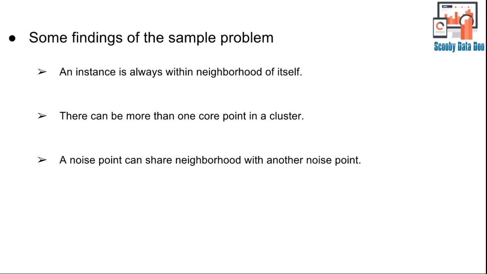Because it's not sharing its neighborhood with a core point. A noise point can share neighborhood with another noise point. That's okay, as long as the number of neighbors for a point is not exceeding the min PTS limit, it will be a noise point, or it will be a border point if it's sharing neighborhood with one of the core points in our domain.